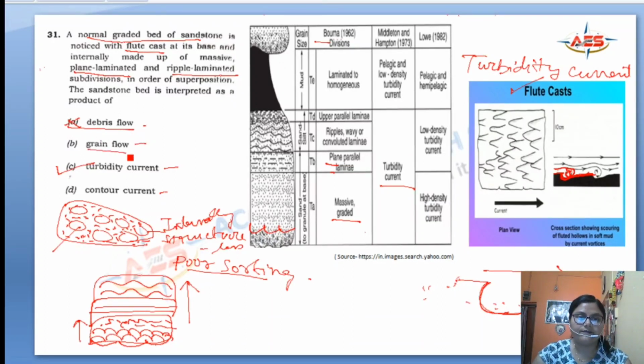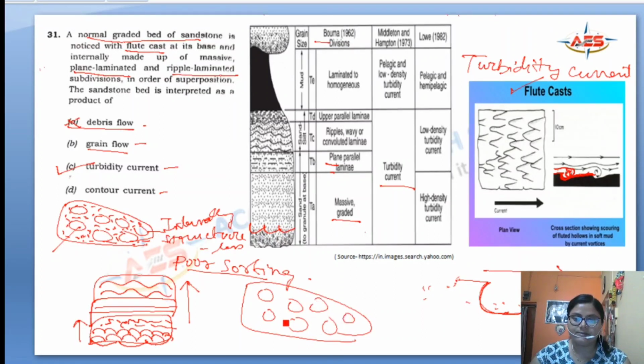Okay, grain flow क्या है? When the sediment consists of granular particles, as they move downhill they collide with each other, and due to this collision a dispersive force is generated, that is the grains collide and move apart.